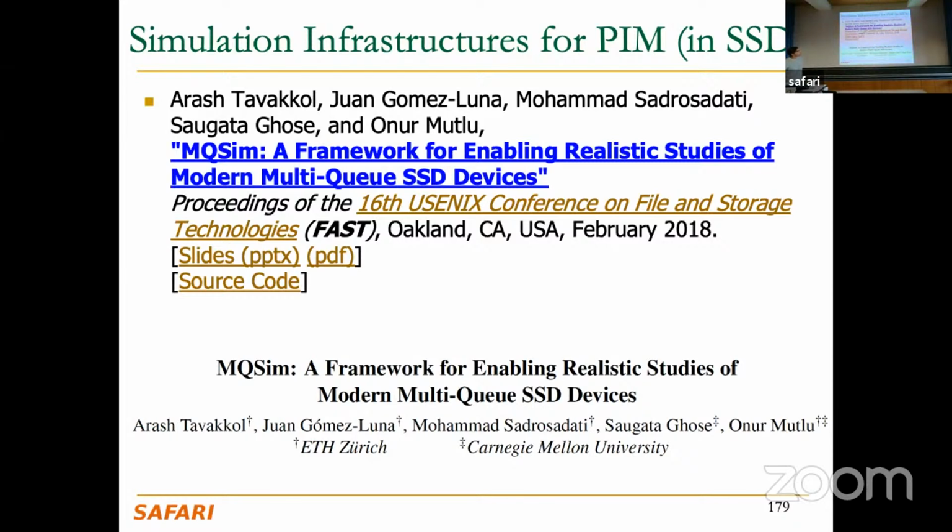It is MQSim, a simulator for SSD devices. And I think it has already been extended for processing near the storage. In the end, it's a simulator that simulates how an SSD works internally, so it makes sense to extend it to enable some computation there.